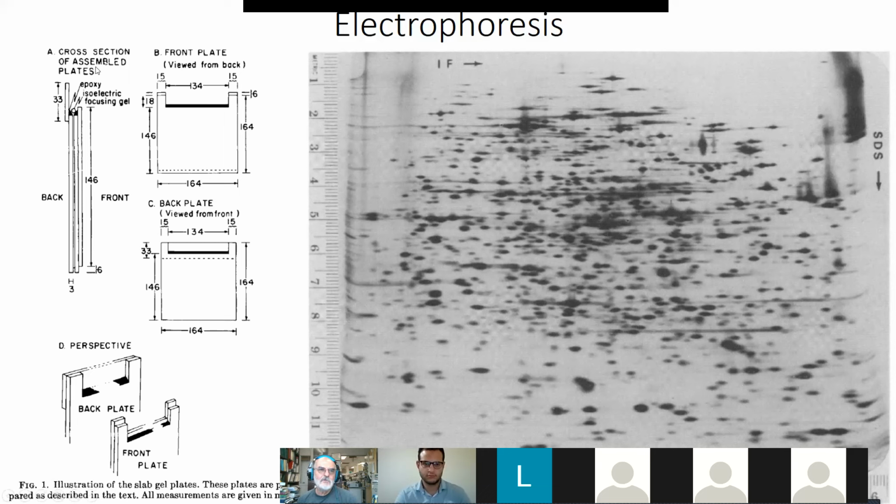So what you have to do is take this gel and sort of equilibrate it in an SDS stacking buffer for some period of time to make sure that the proteins are soluble. And then you lay it on the second dimension. You have to know what the bottom and the top is, so you know what the directions are. You don't want to flip things around so it's upside down.